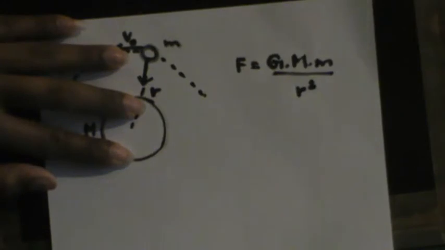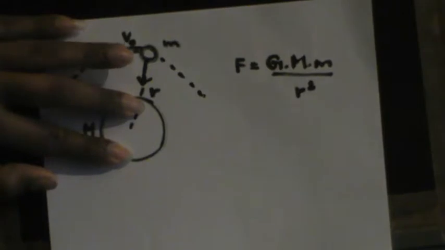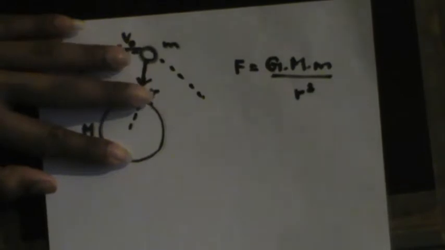If this mass is moving with velocity, then from rotational motion, this object has the centripetal force, which should be equal to the force of attraction in order for the object to remain in place. If you write the centripetal force, F equals m times the square of the velocity of the object.